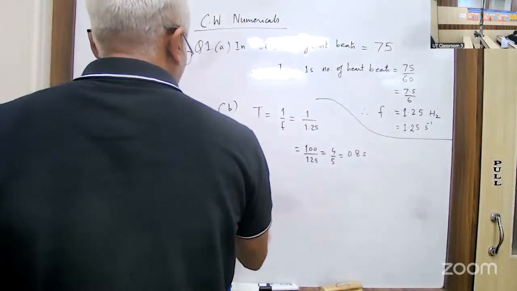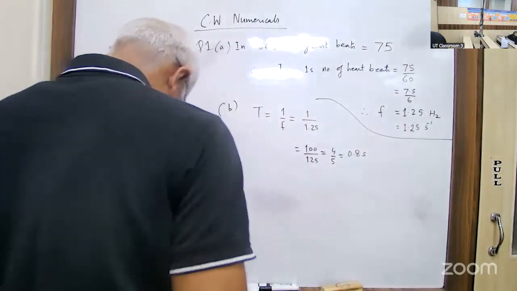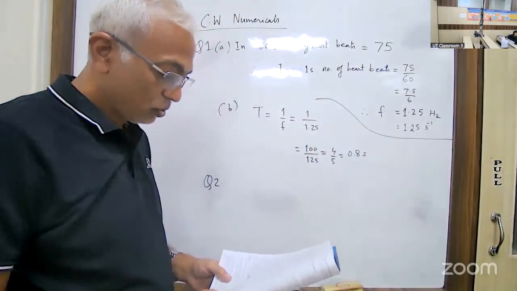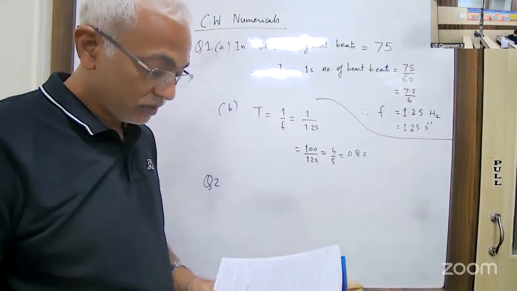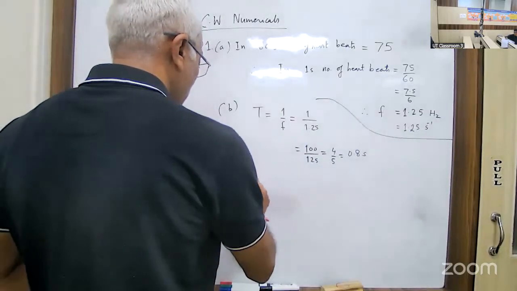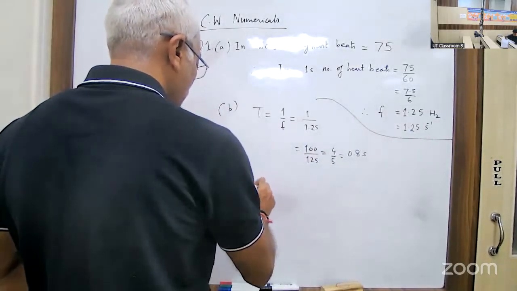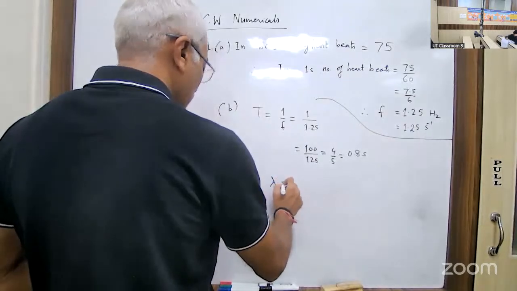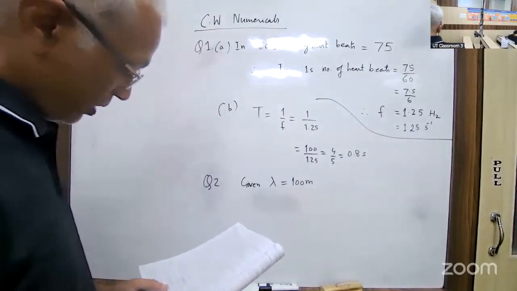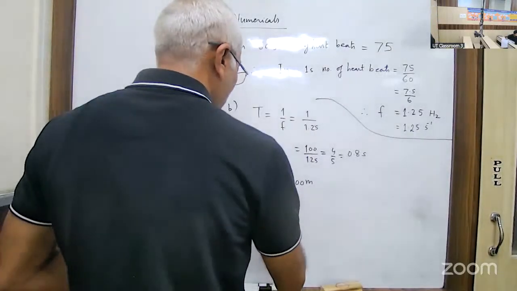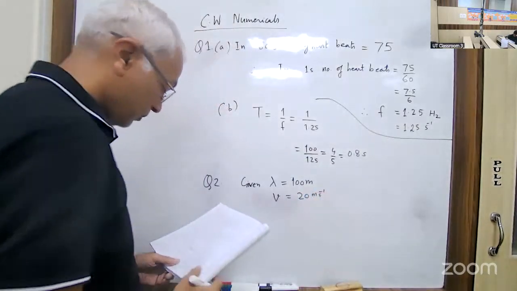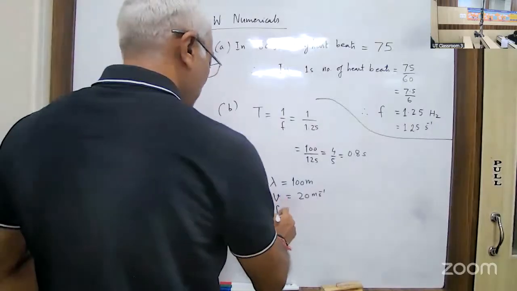Second question. Separation between two consecutive crests in a transverse wave is 100 meter. That means what is given? Wavelength. Yes. 100 meter. If the wave velocity is 20 meter per second, what is the frequency of the wave?